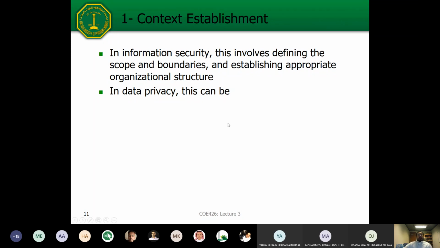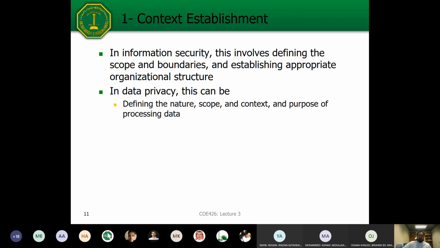Okay, so moving on. What do you mean by context establishment? Basically, it is to define the scope and boundaries for the organization structure. So you have to understand the context that your organization is working in, what data you are collecting, and the nature of the data processing you are dealing with.